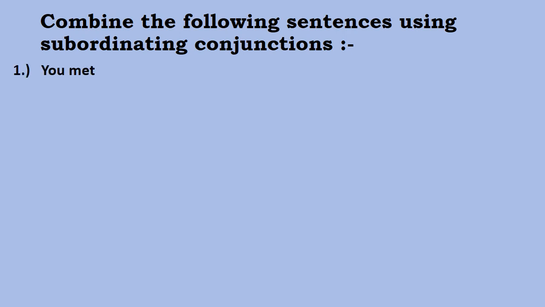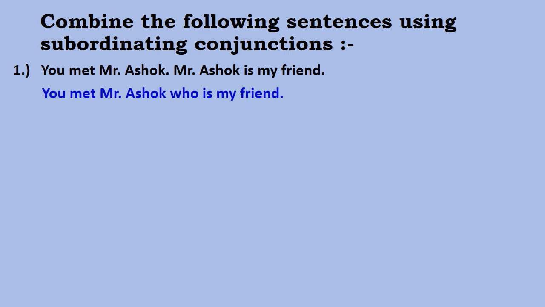The first sentence is, you met Mr. Ashok. Mr. Ashok is my friend. Yes, come on. Join them. You met Mr. Ashok, who is my friend. Second sentence. He is going somewhere.